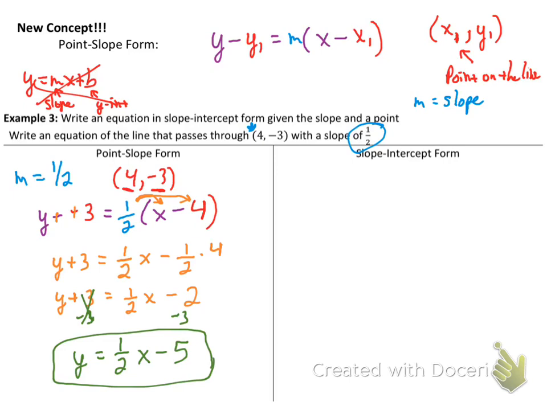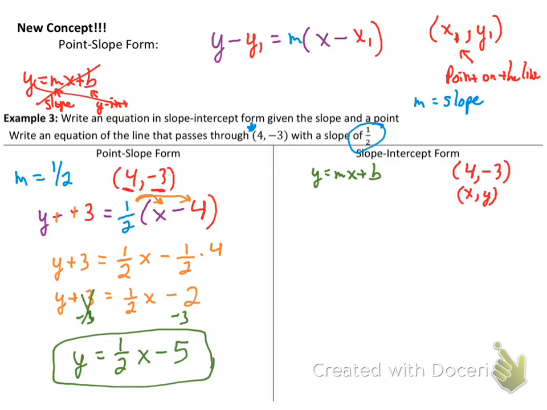Okay? Now, the other way that we can do that is we can actually use slope-intercept form. If I've got y equals mx plus b, I'm going to plug in what I know. We were given this point, (4, -3). Remember, our coordinates always go in x, y.